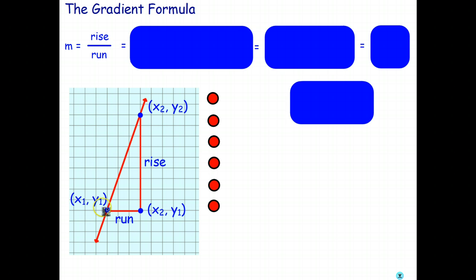Similarly the 2 y coordinates match, because they tell us how far we are above or below the x-axis. So the coordinates of that point are x2, y1. Okay, let's go ahead and develop the formula from that.